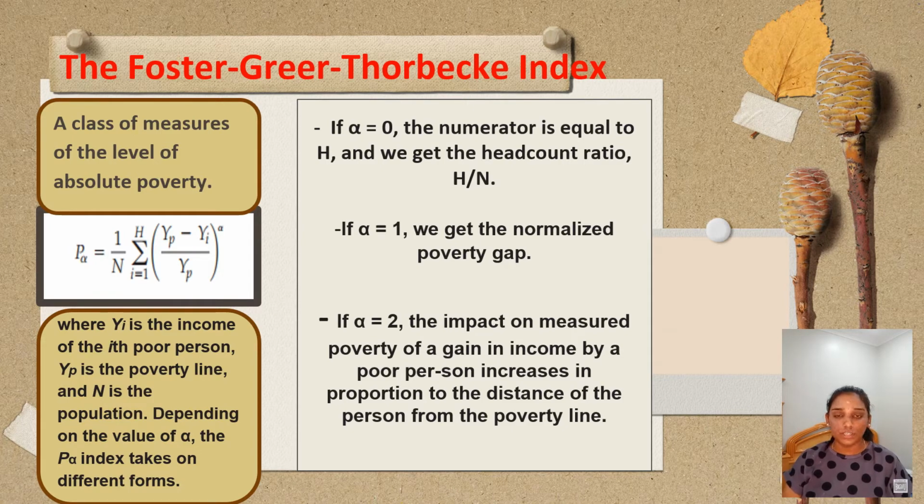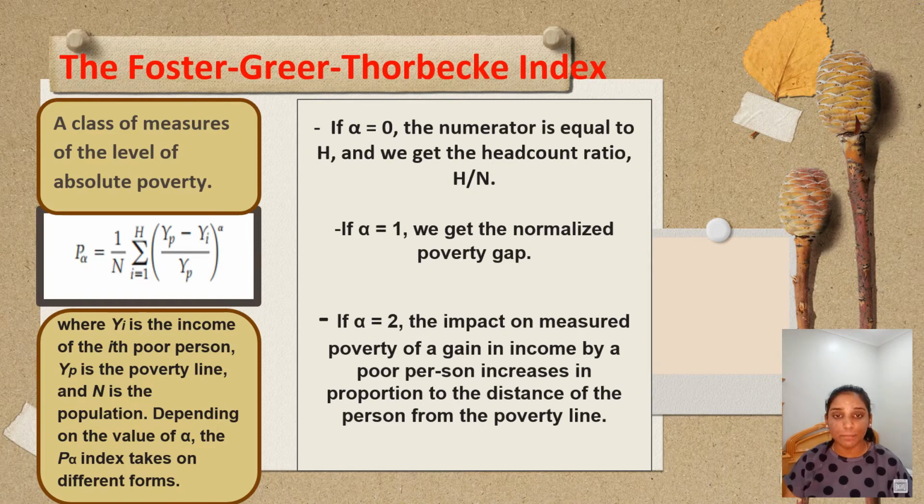If A equals 0, the numerator is equal to H and we get the headcount ratio, which is H over N. If A equals 1, we get the normalized poverty gap. If A equals 2, the impact on measured poverty of a gain in income by a poor person increases in proportion to the distance of the person from the poverty line.